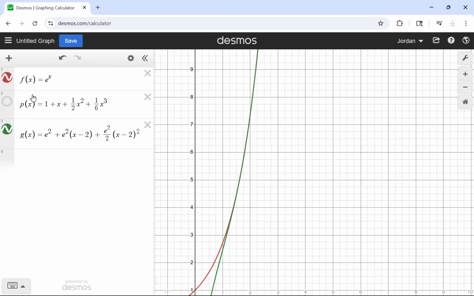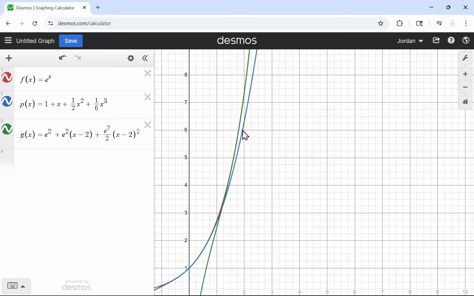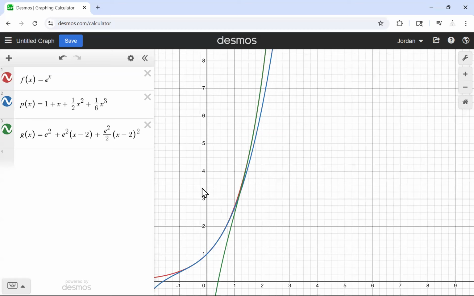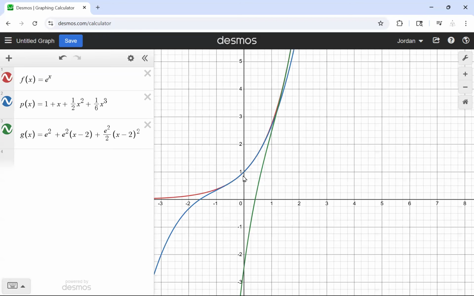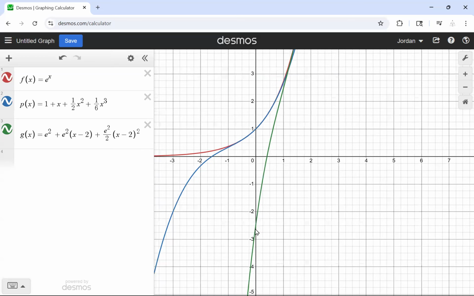So notice that the first polynomial we found earlier was a pretty bad approximation when x was 2. But this new polynomial is a very good approximation when x is 2. The first one we found was a really good approximation of the function when x was 0, but the second polynomial we found was a really bad approximation when x is 0.